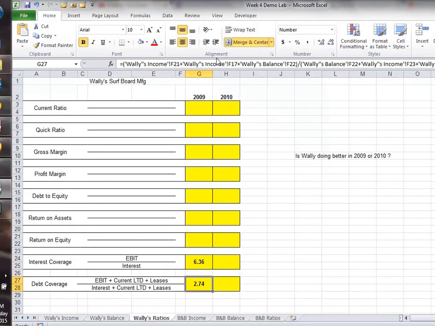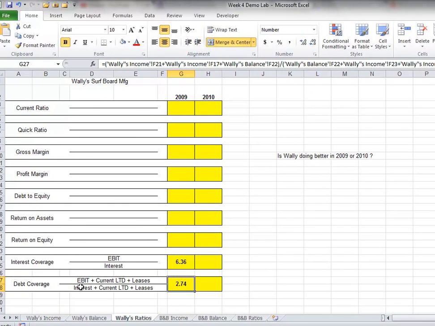Now the formula I did is not exactly matching this, but I've got the same elements in it: interest, current LTD, and leases, but it's easier than bouncing back between the income statement and the balance sheet all the time. So I've got the two numbers, my interest coverage. You can do your formulas from there.